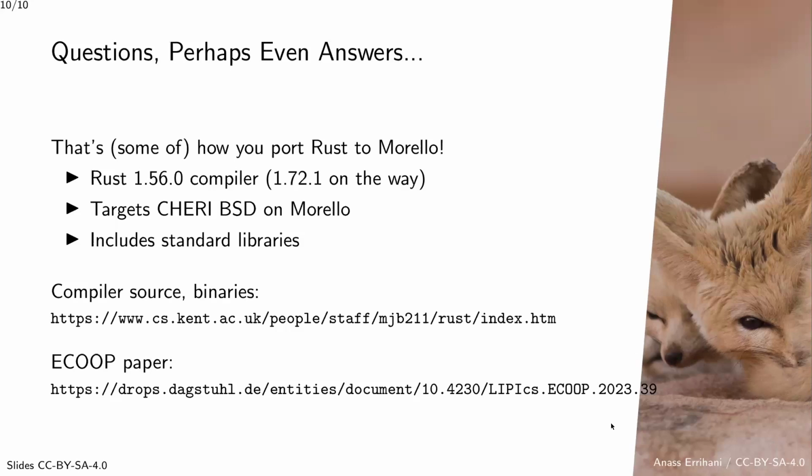And are you modifying the libunwind that's been ported to Morello that's also working with C++, or did you modify that yourself? I don't think we've needed to make any changes to libunwind. So I think we're just using the one that's part of Morello LLVM. Okay, thank you very much.